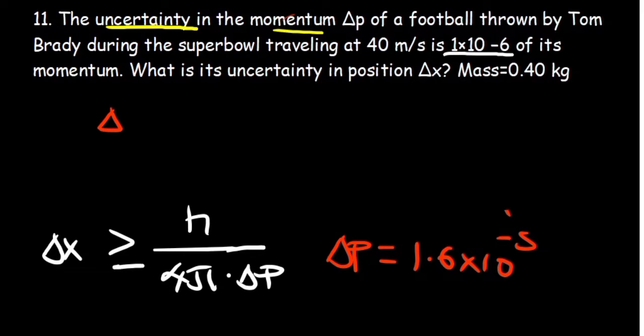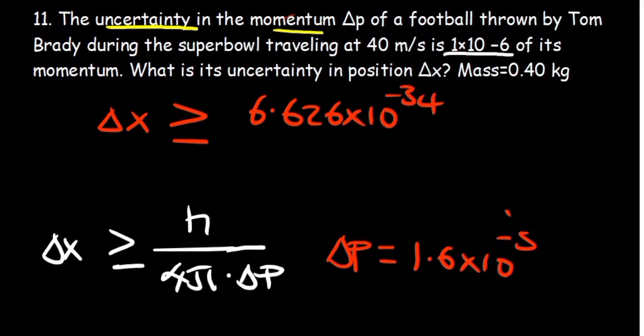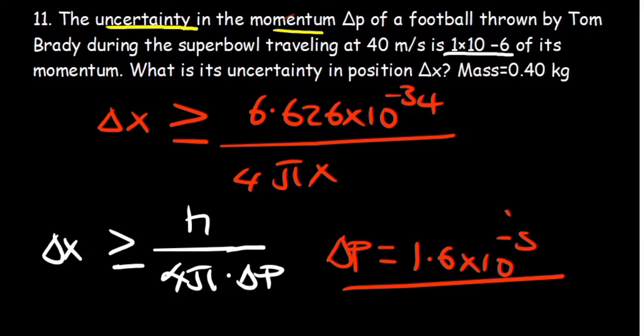So our uncertainty in position is going to be given as Planck's constant, 6.626 times 10 to the power negative 34, divided by 4 pi multiplied by the uncertainty in momentum, which we've determined to be 1.6 times 10 to the power negative 5.